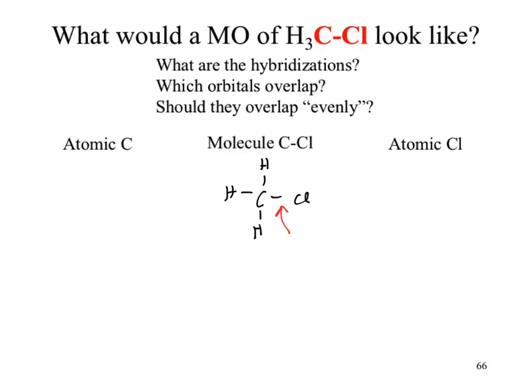What orbitals are making the carbon-chlorine bond? sp3. So just an sp3 orbital makes that bond.